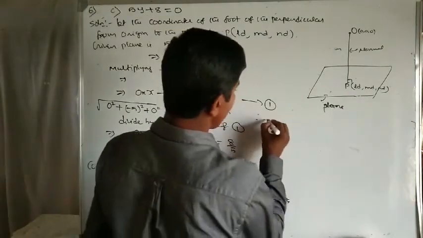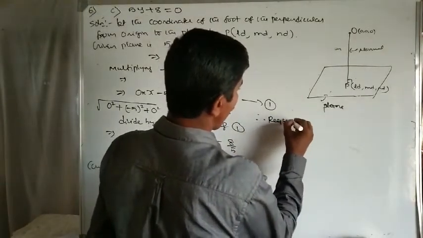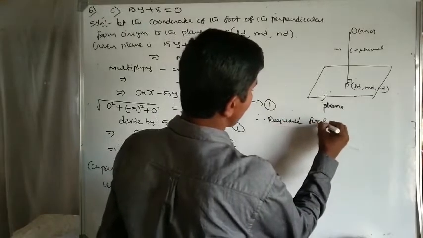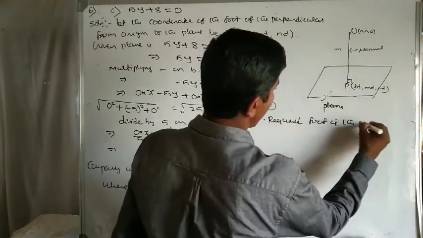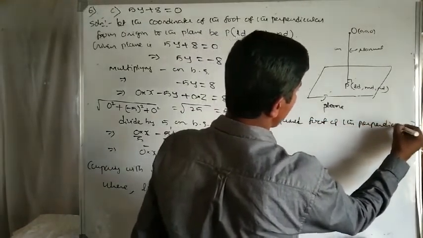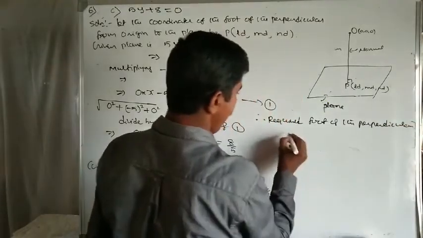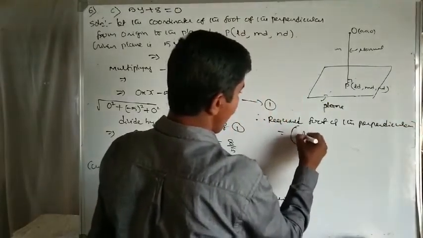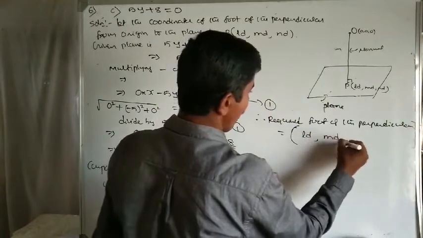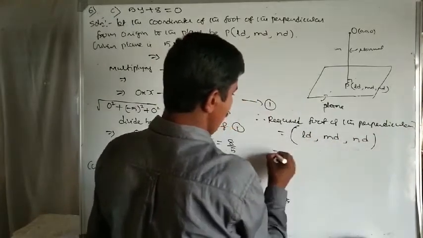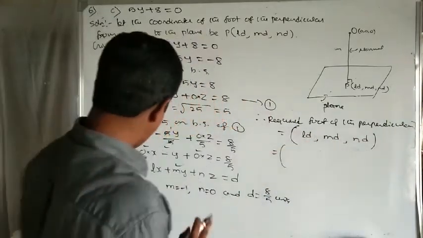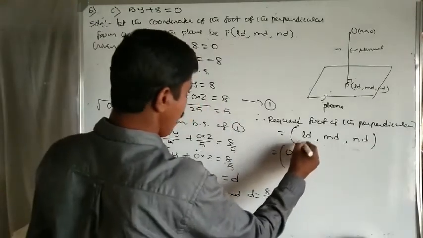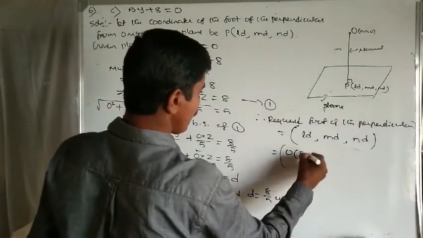Therefore, the required foot of the perpendicular is equal to LD comma MD comma ND. Substitute these L, M, N and D values. L is equal to 0, 0 into D value 8 by 5.